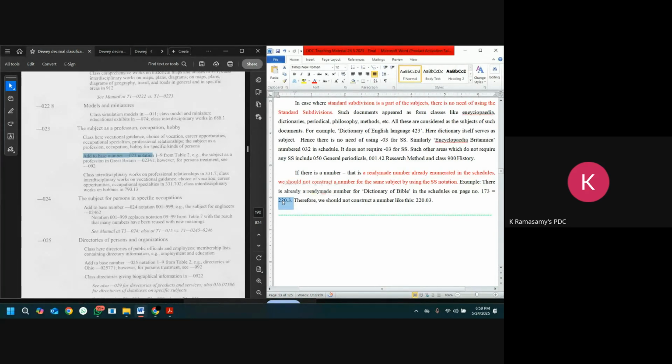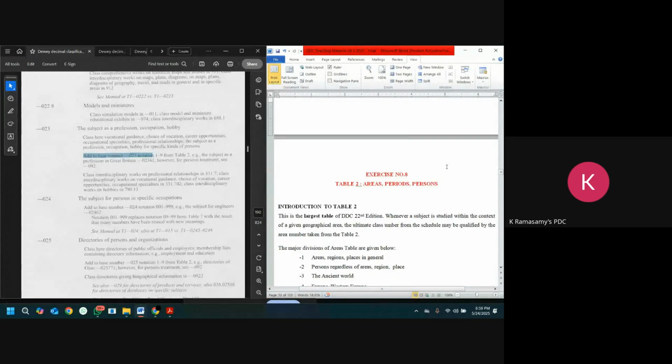Then I will go to standard subdivision, take 03. I will add these two. I will create my own number. No, don't do this. So whenever a ready-made inbuilt number is available in the schedule, you are not supposed to construct a new number with the help of standard subdivision. Otherwise, you are free to use standard subdivision to any number. Absolutely no problem. Okay, so that's about SS standard subdivision.